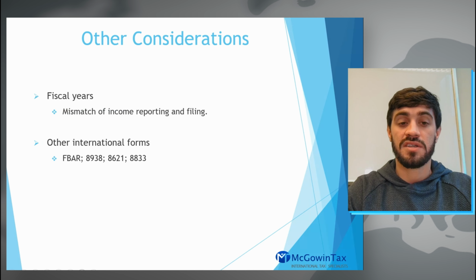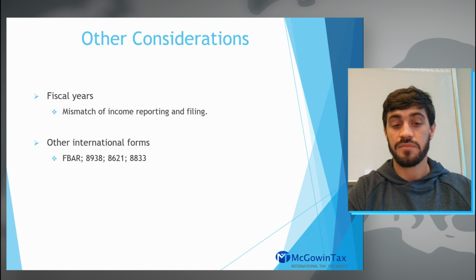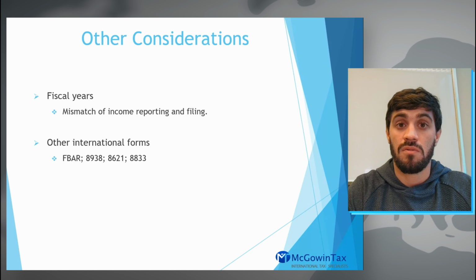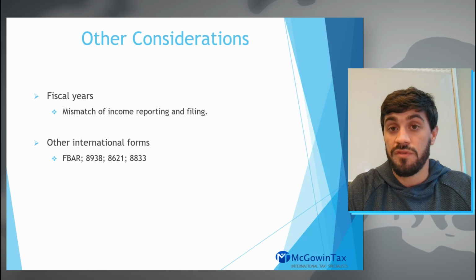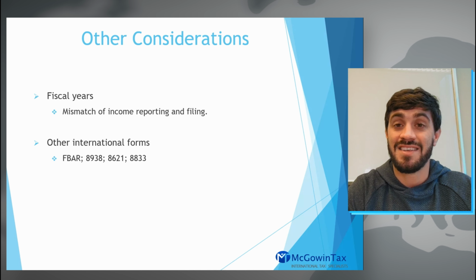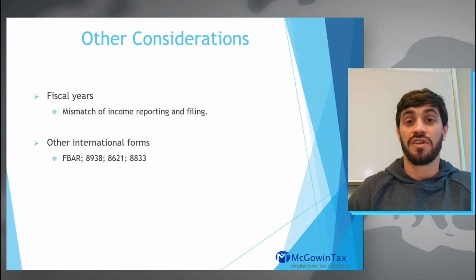Some other considerations just to think about. So my example was Australia. You have to be a little careful with the fiscal years. So Australia, for example, has a June 30 year end. So these superannuation funds, and again, I'm going to have a separate video on whether these are actually trusts or not. But assuming that it is a foreign grantor trust, it's going to have a June 30 year end.